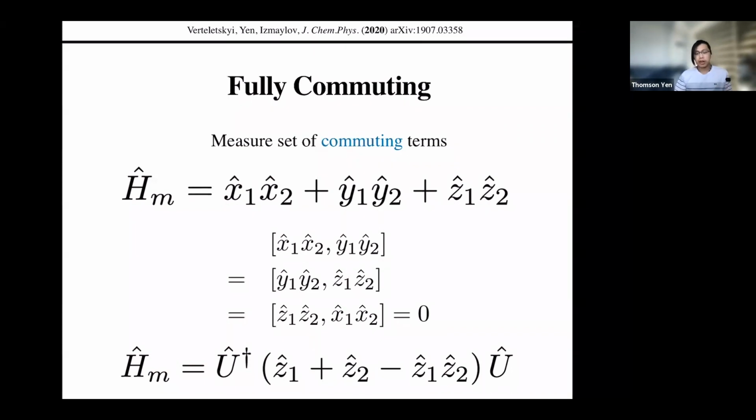I skipped all the details of creating this unitary, and I just want to say a few things about this. Essentially, the trick is whenever you have a set of commuting Pauli words. First of all, you can represent Pauli words in a binary vector space.